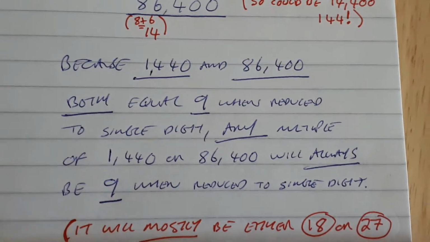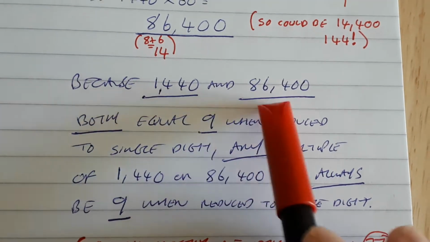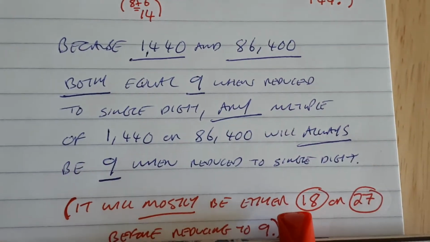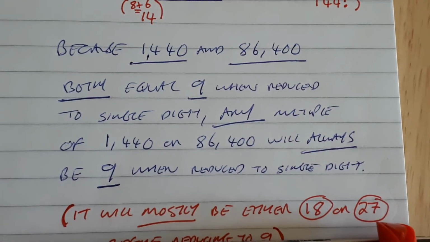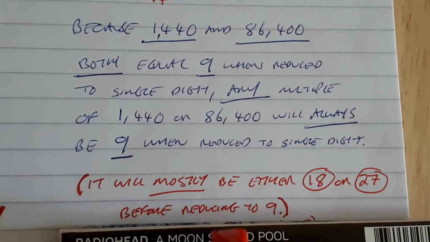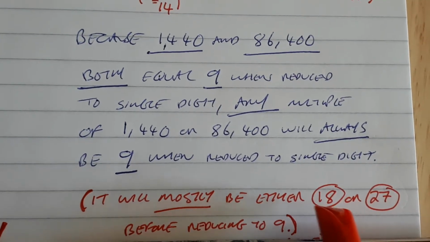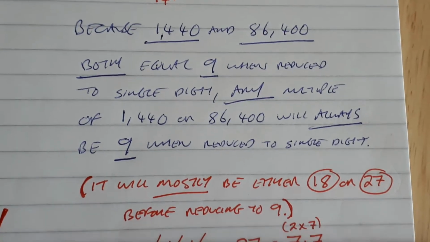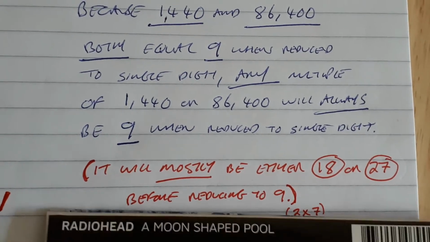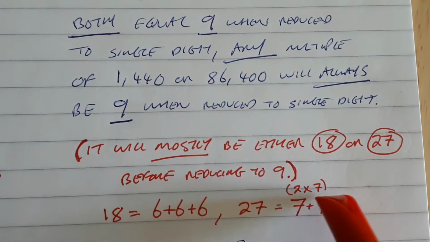And the actual answer, when you're talking about multiples of these, it'll either be 18 or 27, before you reduce it to 9. That's 18, 6 and 6, and 2 7s, 7 and 7.